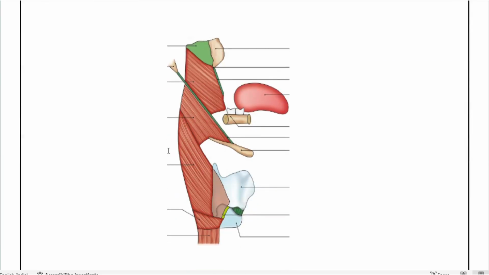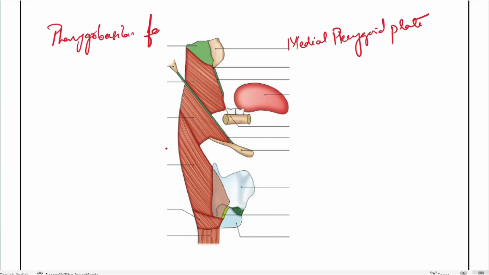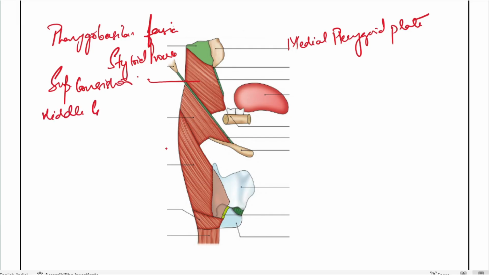So now we'll draw a diagram. Here we're going to see this is your medial pterygoid plate. This is your pharyngobasilar fascia. Now this here is your styloid process. The muscle that you see here is your superior constrictor. This is your middle constrictor.